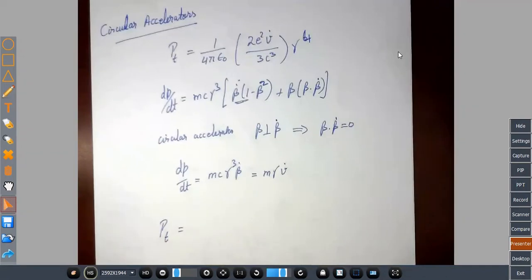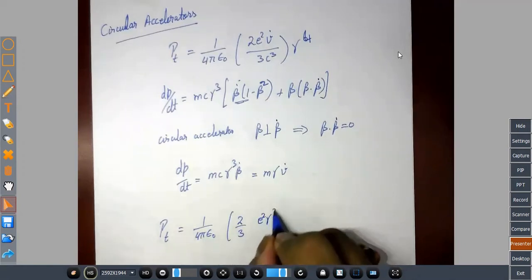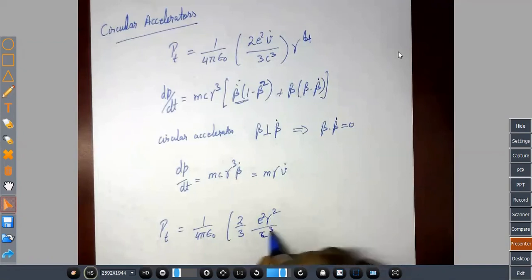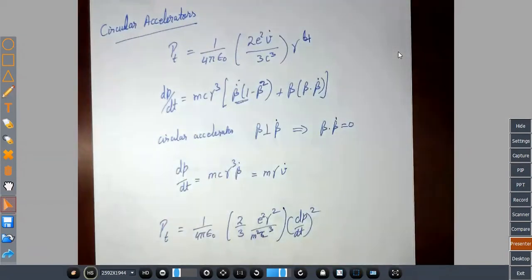Substituting this back into the power expression, converting this dp by dt into dE by dx, and substituting the value of the classical electron radius r0.